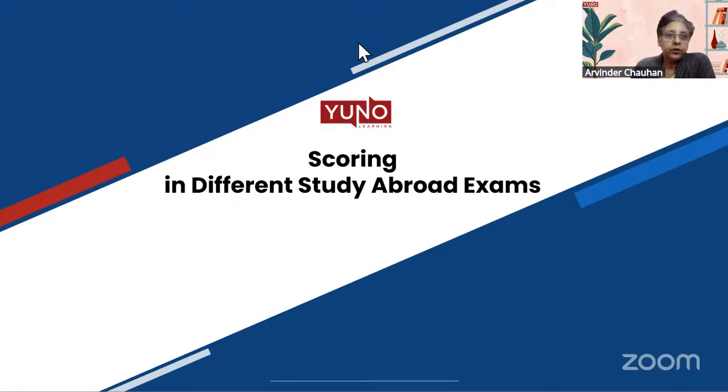Yes, good evening, everyone. So today we are going to look at how scoring is done in different study abroad exams. The scoring is different for each one of them. Let's have a look at that.